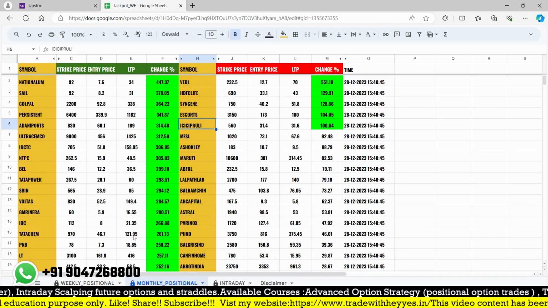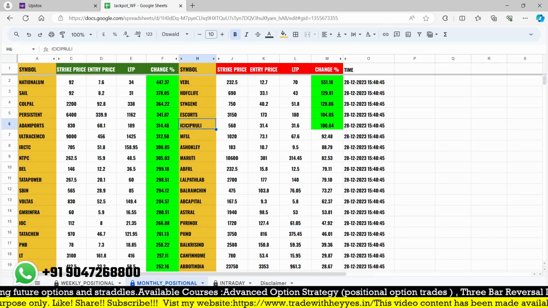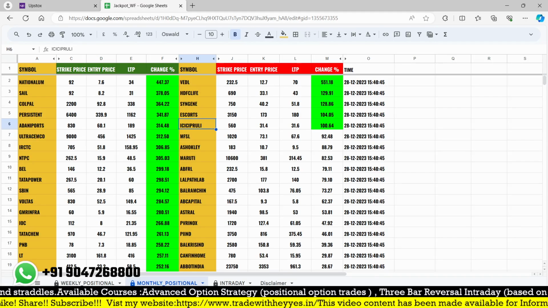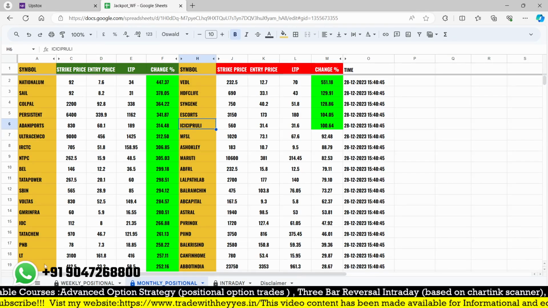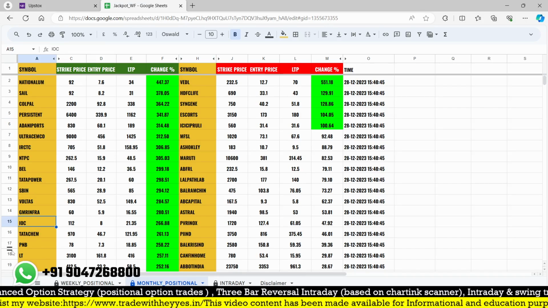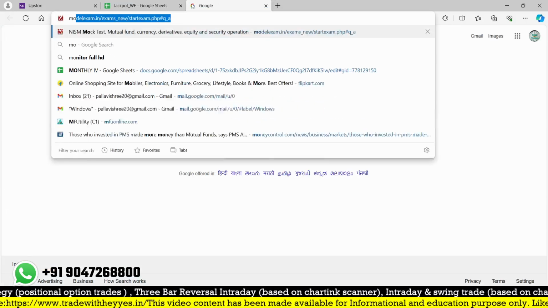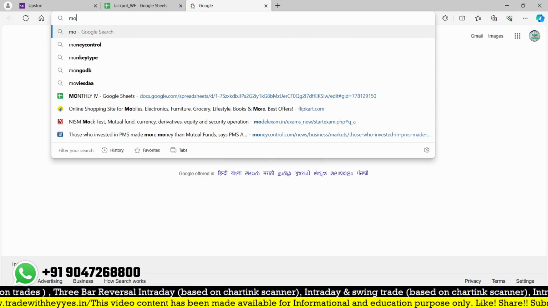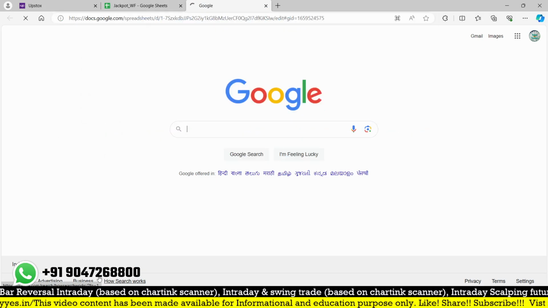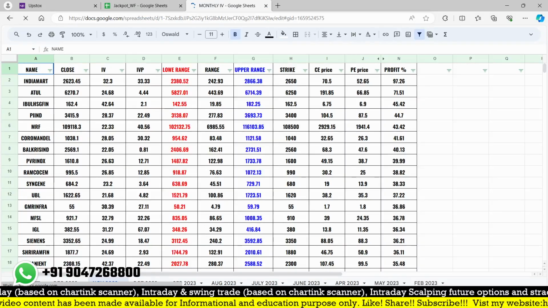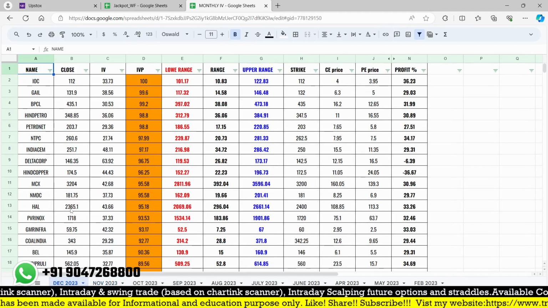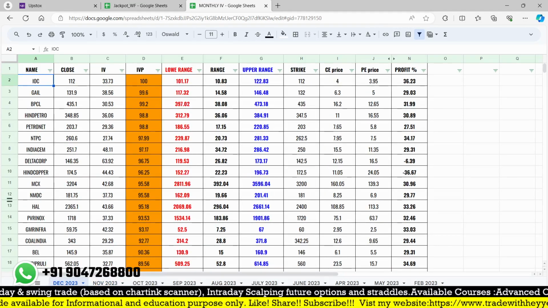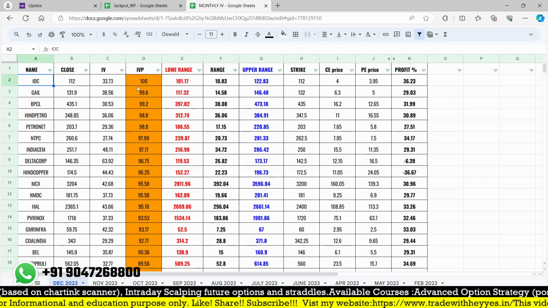As per our monthly positional, based on our monthly IV sheet, the topmost stock is IOC. Only one stock you are selecting based on our monthly IV sheet. That one is IOC. Everyone will remember that stock number one is IOC, based on the concept, and it has also achieved our target.